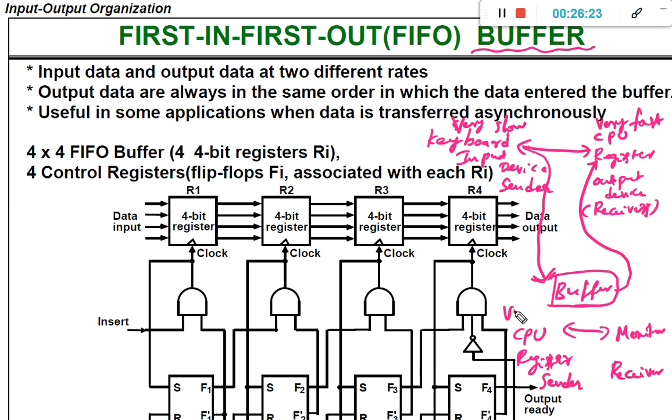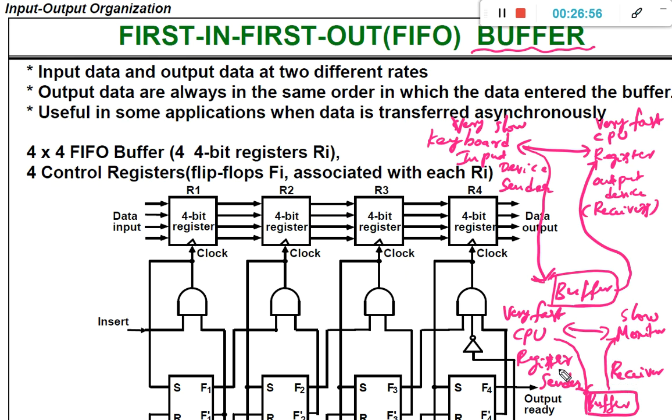The CPU register is very fast and the monitor is slow. So that's why we are going to place a buffer in between. From the CPU register, the data will be transmitted very fast to the buffer, and the buffer slowly transfers the data to the monitor. So now the buffer acts as an intermediary between a slow device and a faster device.